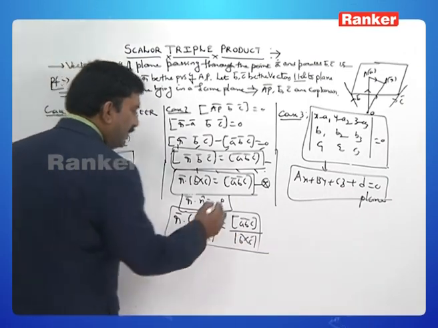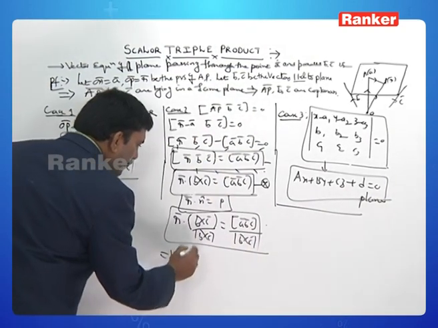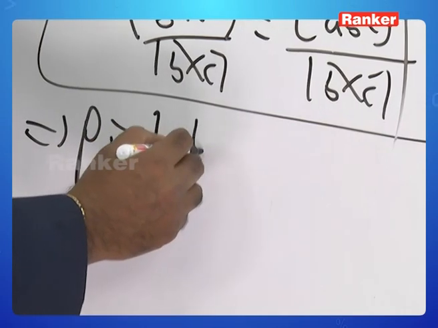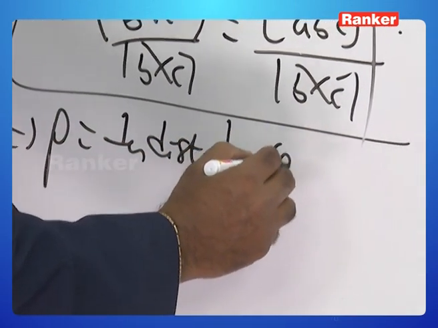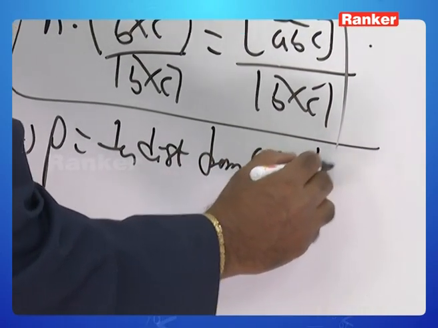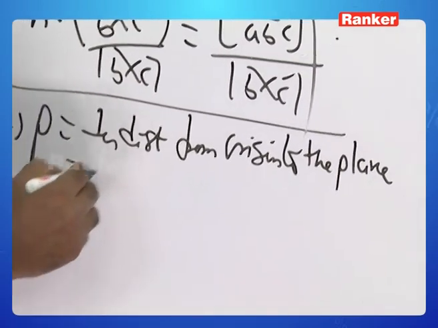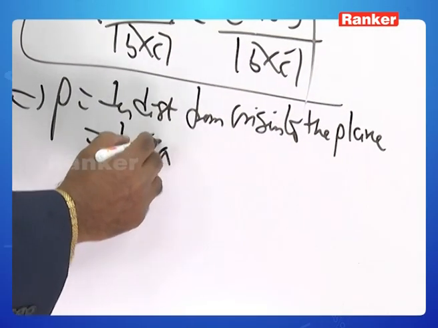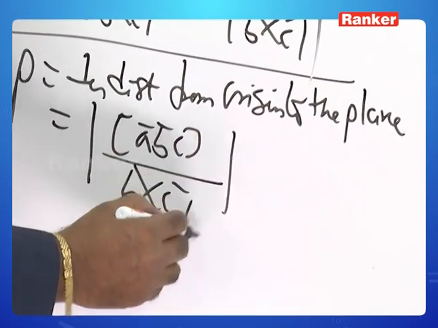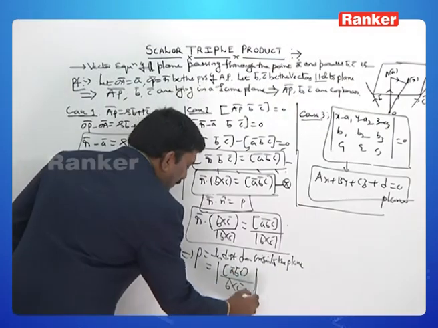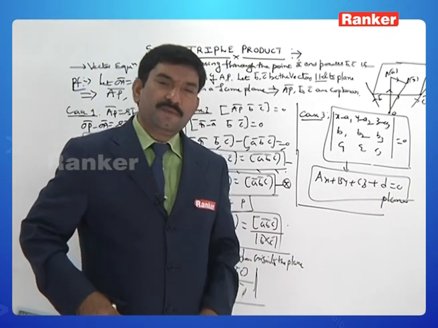So therefore what is p? p means perpendicular distance from the origin to the plane is modulus of box of a bar b bar c bar by modulus of b bar cross c bar.